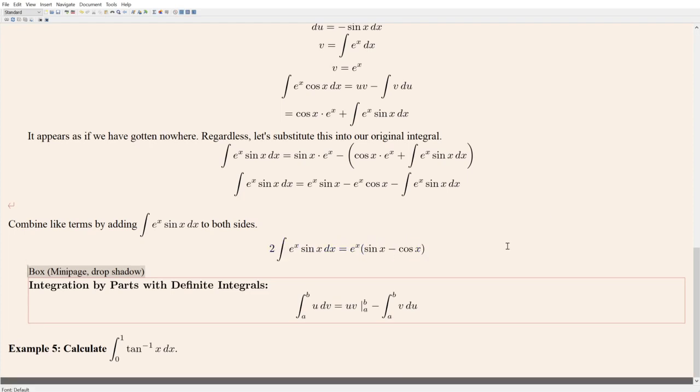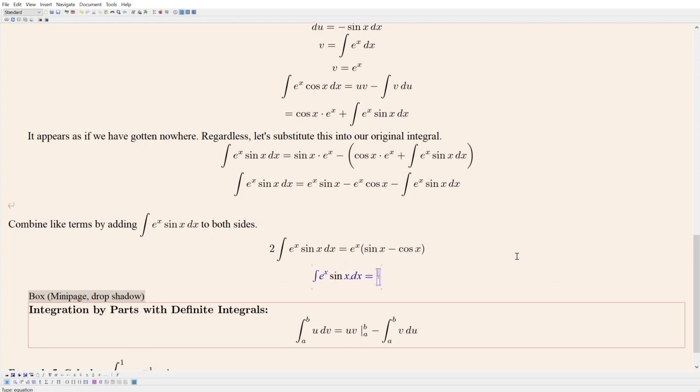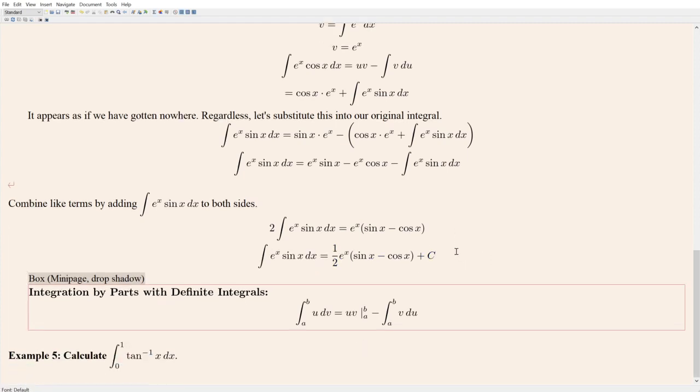Like so. So hey, now just divide both sides by 2, and miraculously, we are finished. So it turns out we weren't going in circles at all. Yep. So that's pretty neat.